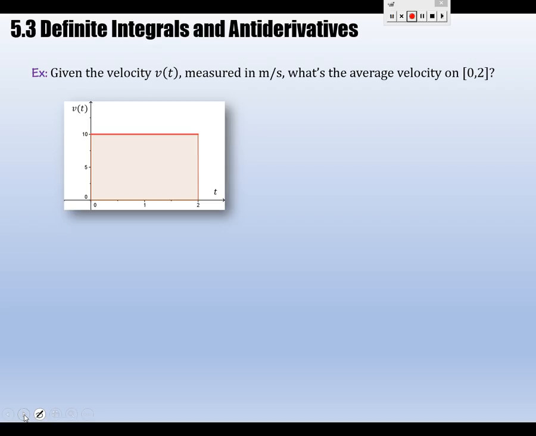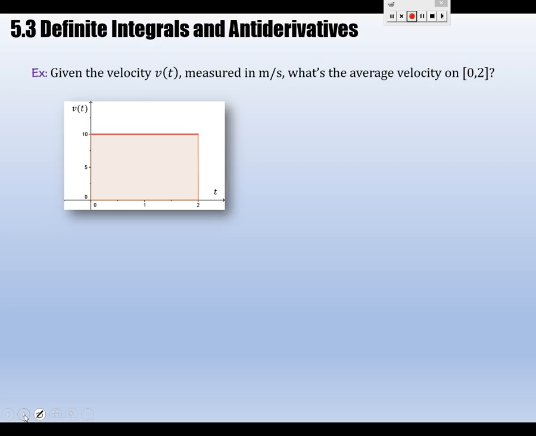Go ahead, Albert. 20 meters is how far you went. That's true. So what's your average velocity? Is it 10? Yeah, but velocity should be measured in meters per second. So you did 10 meters per second for 2 seconds, so you went 20 meters, but you did it in 2 seconds.